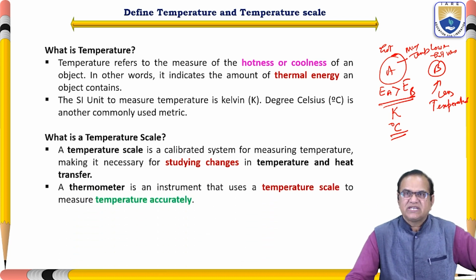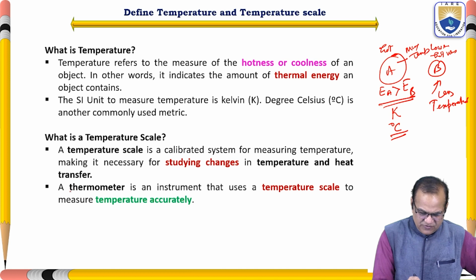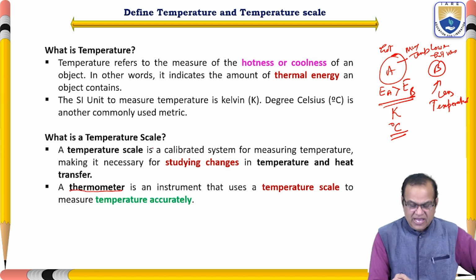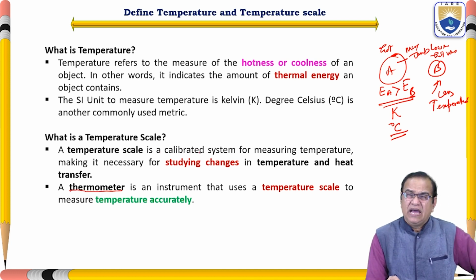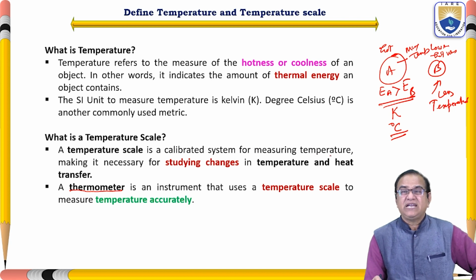A thermometer is an instrument that uses a temperature scale to measure temperature accurately. So for this scale we use the thermometer, and this temperature scale is a calibrated system of measuring the temperature.